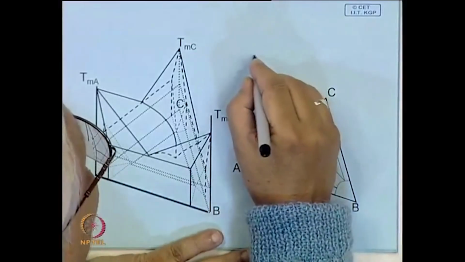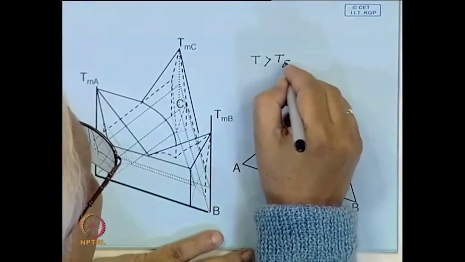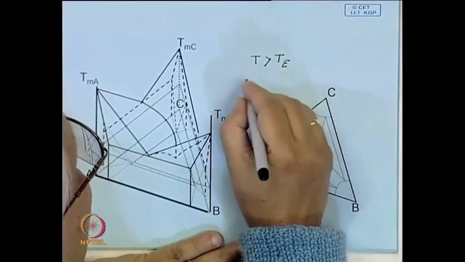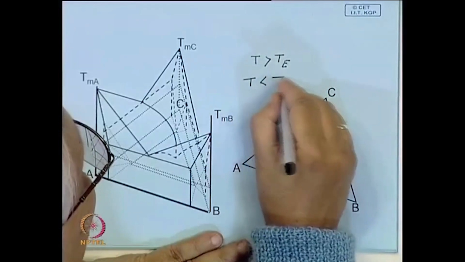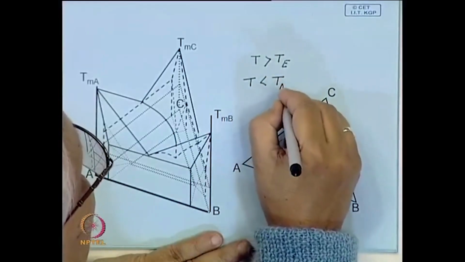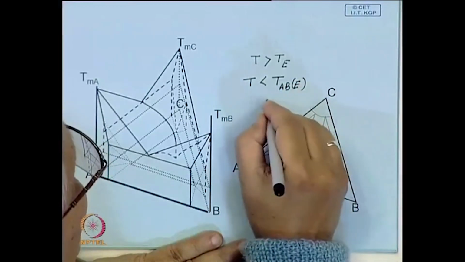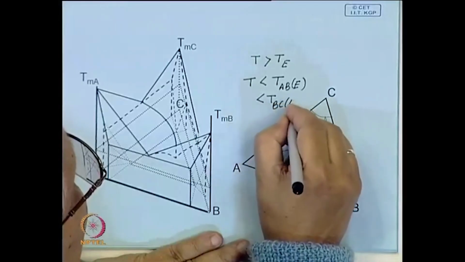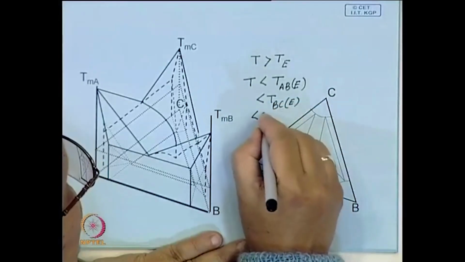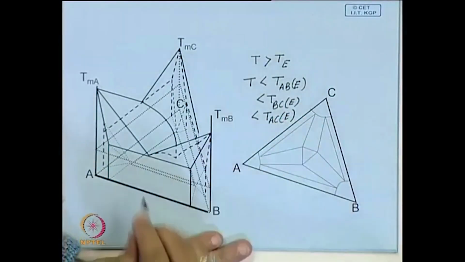So, the temperature is a little greater than the ternary eutectic, but it is less than each of these binary eutectics, say the A B eutectic, or less than the B C eutectic, less than the A C eutectic temperature.